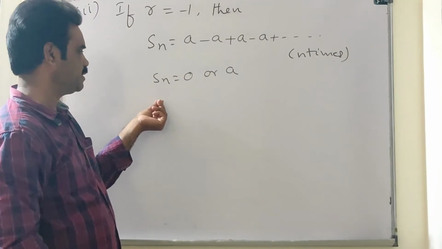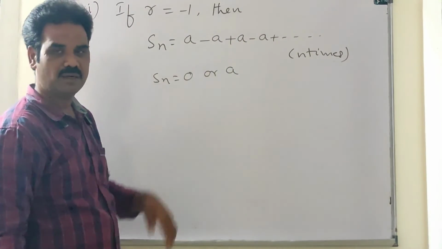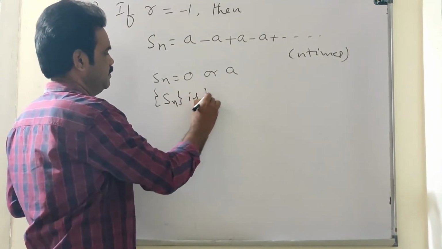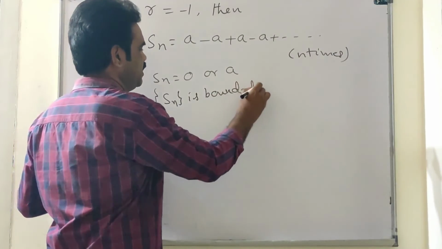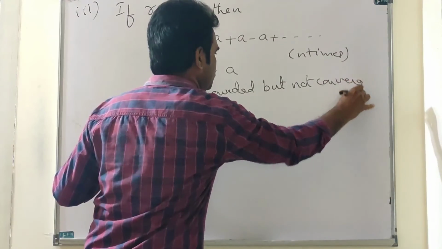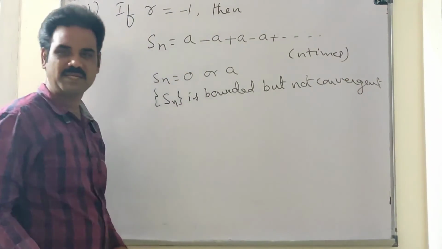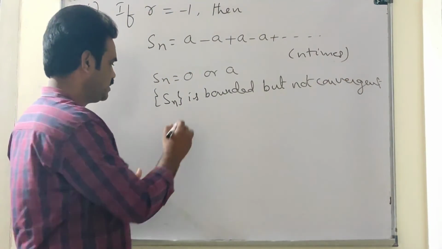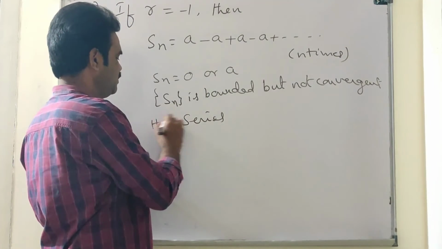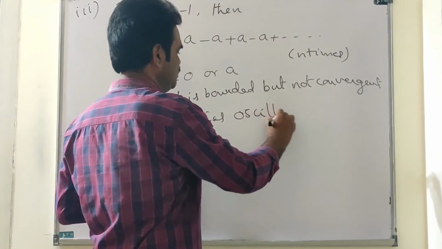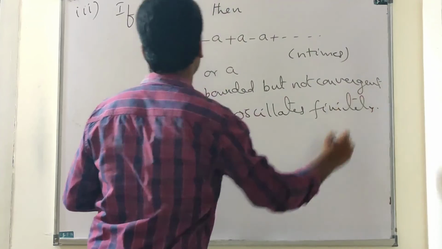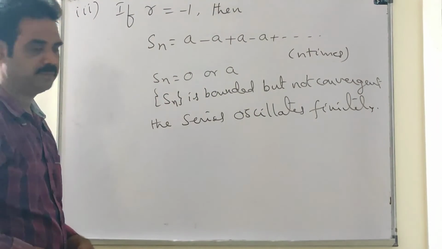That means the nth partial sum Sn is 0 or a, and hence Sn is bounded. Sn is bounded but not convergent, and hence Sn oscillates finitely. Hence the given series oscillates finitely in case of r equal to minus 1.